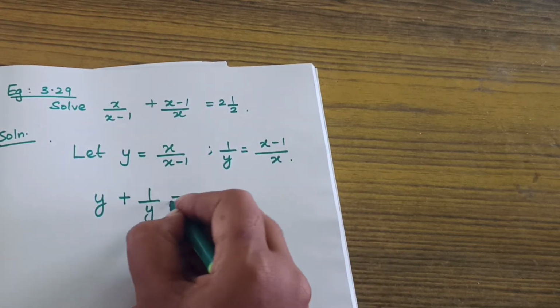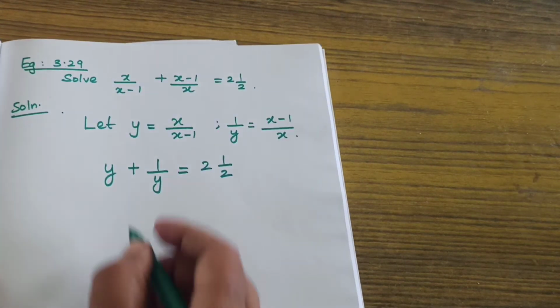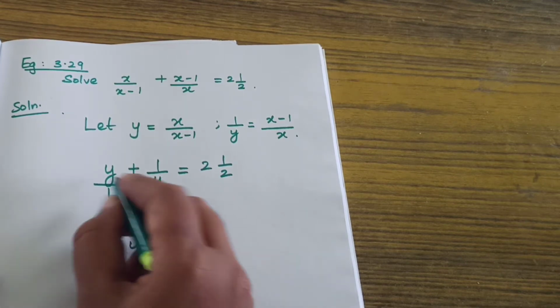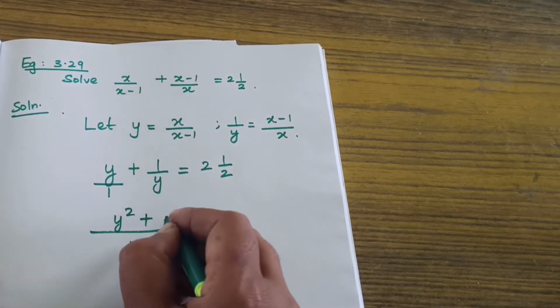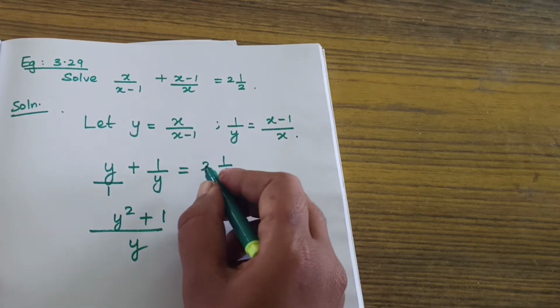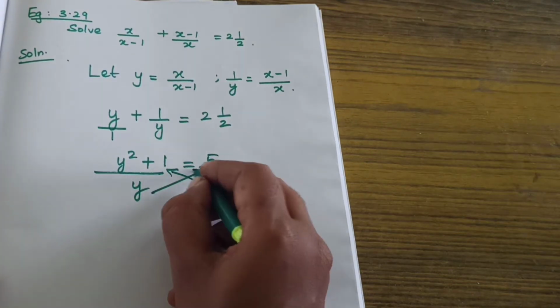So y plus 1 by y is equal to 2 1 by 2. Got it? Then take the LCM. Here y, then cross multiply means y square plus 1, which is equal to, converting the mixed fraction into an improper fraction, 2 twos are 4, 4 plus 1 is 5, so 5 by 2.